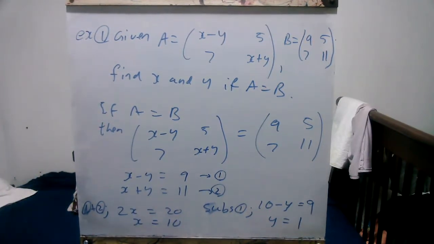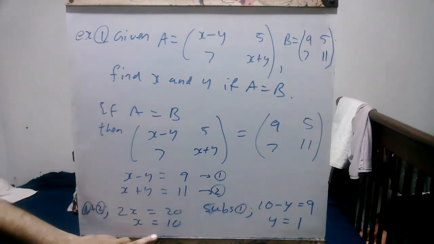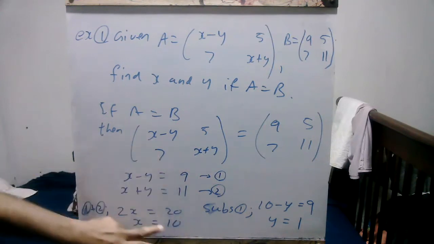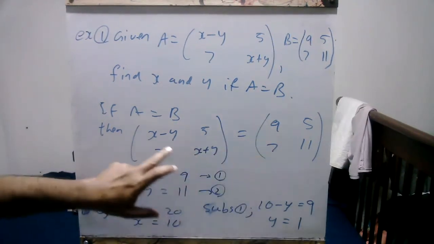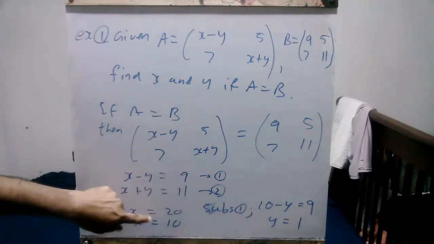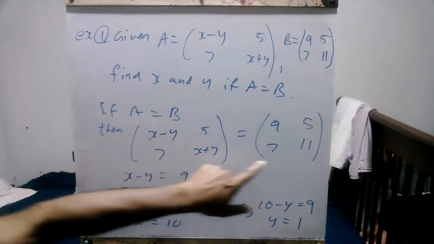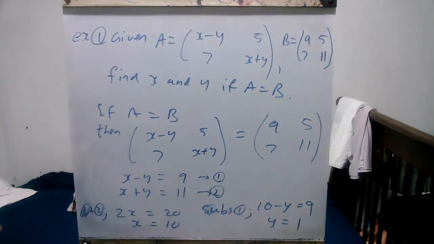Right. Now to check, you may substitute 10 and 1 here. 10 minus 1 is 9. So this element is same as this. Check this one. 10 plus y is 1. 10 plus 1 is 11. Therefore our answer is good.